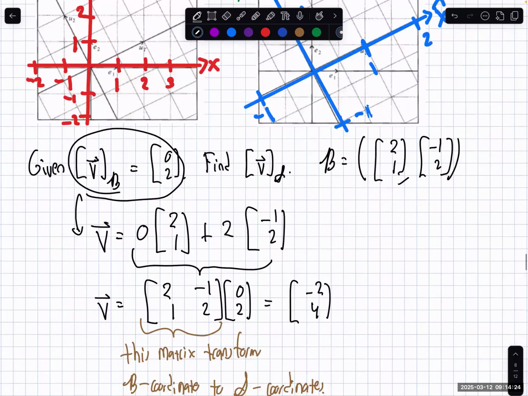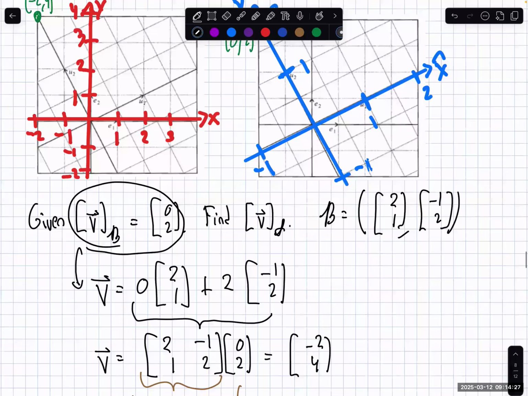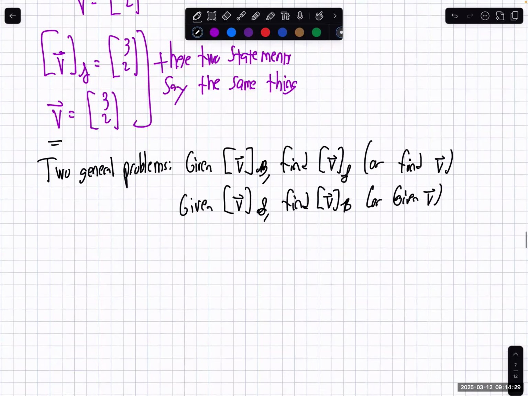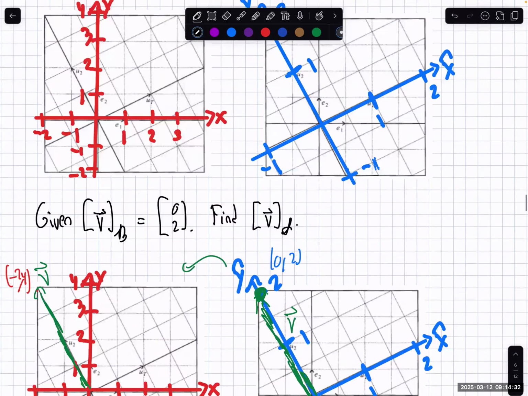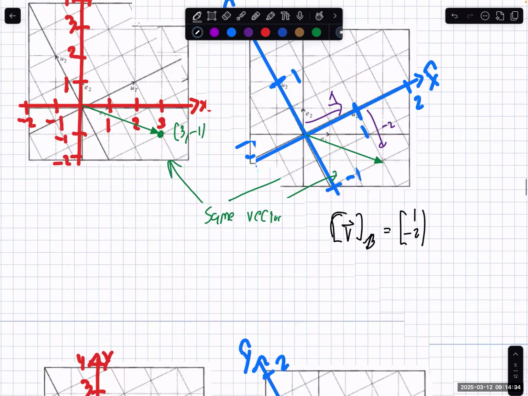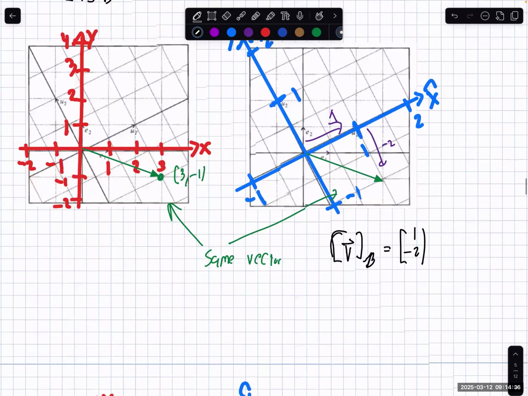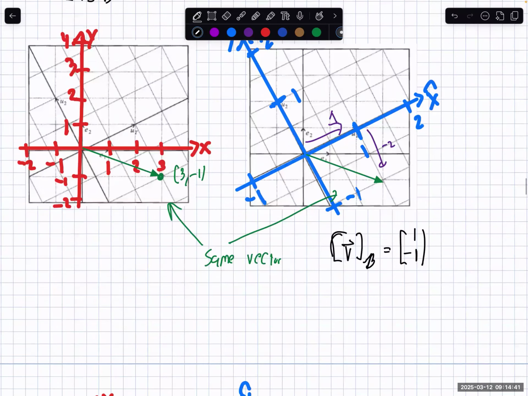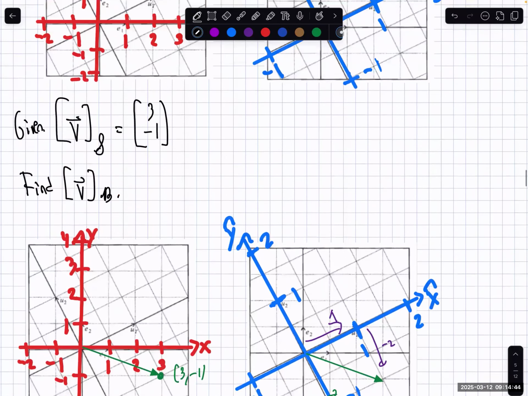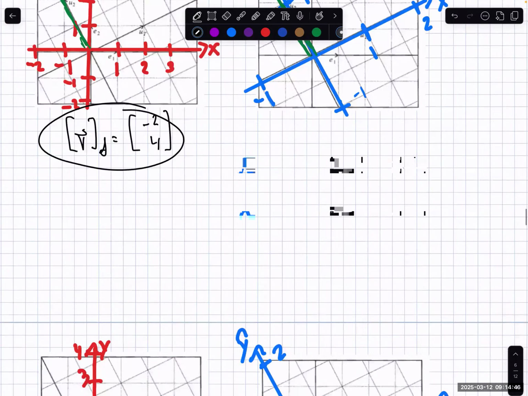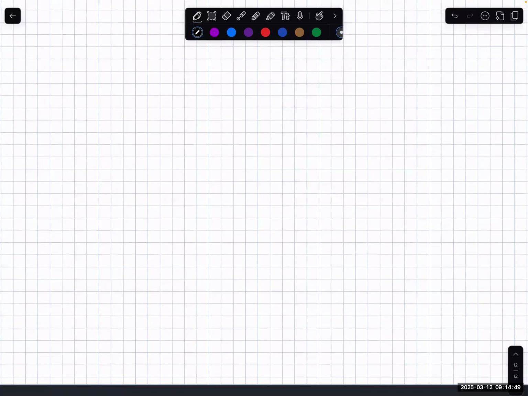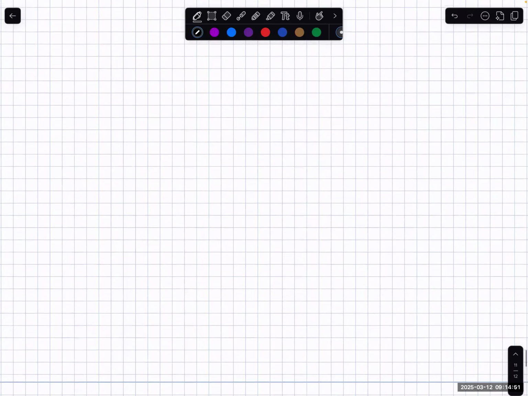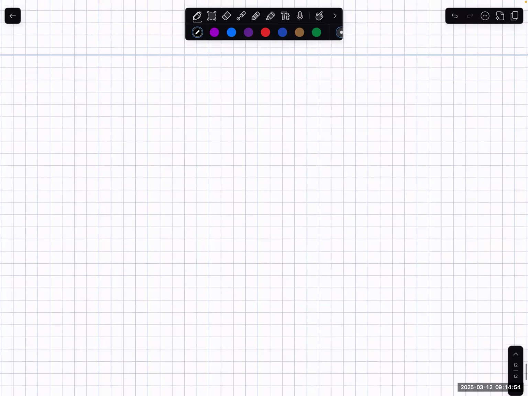I'm just realizing I probably made a mistake in these earlier examples before, I forgot to change it. Okay, so we've done this problem twice already.